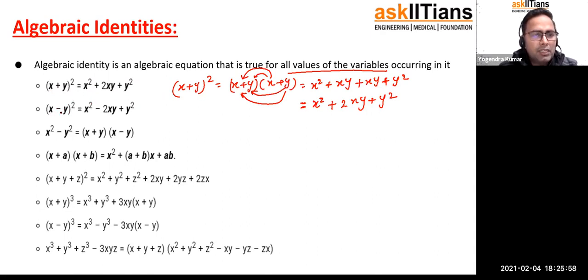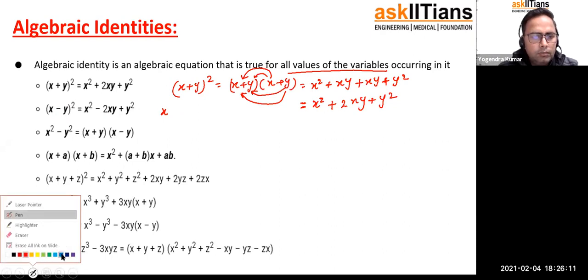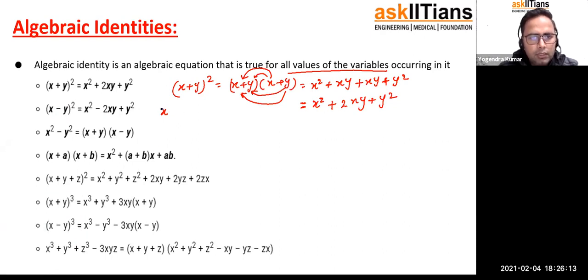Now we come to (x minus y) whole square. So what is the difference here? It was plus and this is minus. So what we can write down here, we can change it to this format: x plus minus y. Tell me, if I write x plus minus y, it is indirectly what?